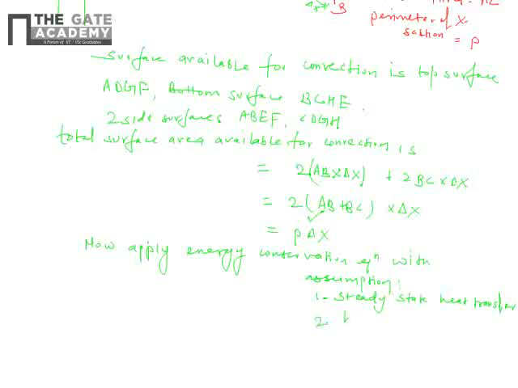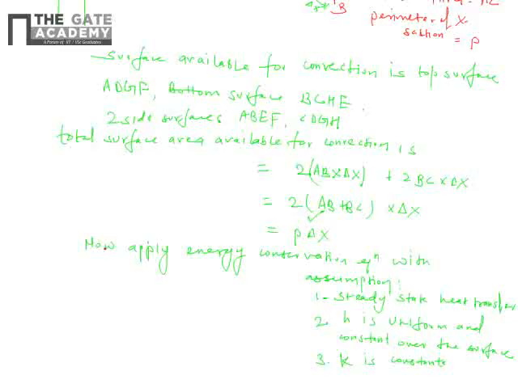Second one, the convective heat transfer coefficient is uniform and constant over the surface. And thermal conductivity K is constant.